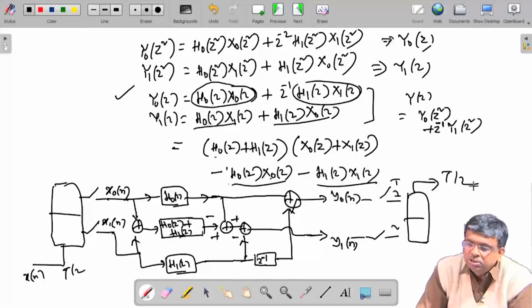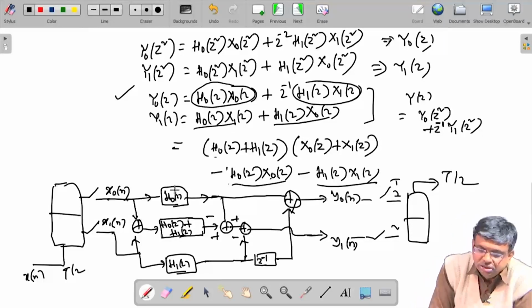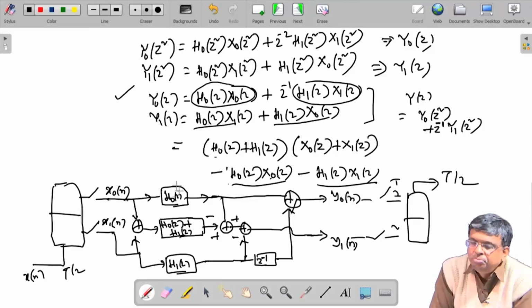Now, here you see how much is the hardware increase. This is h 0 n, h 0 z. See, originally I had 100 coefficients, this will have roughly half, 50. H 1, half, 50. How about this?